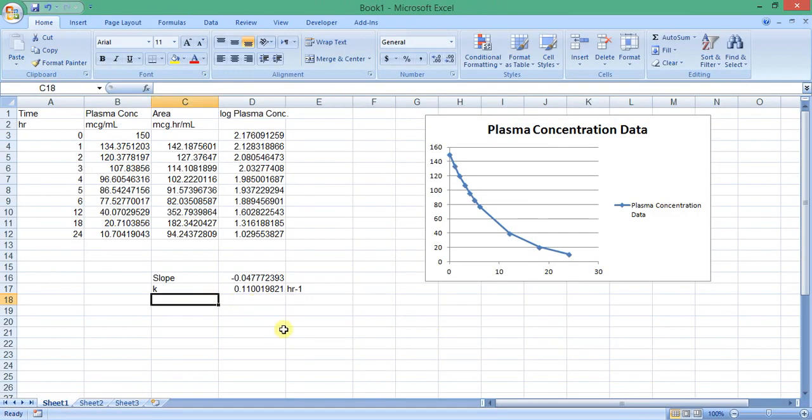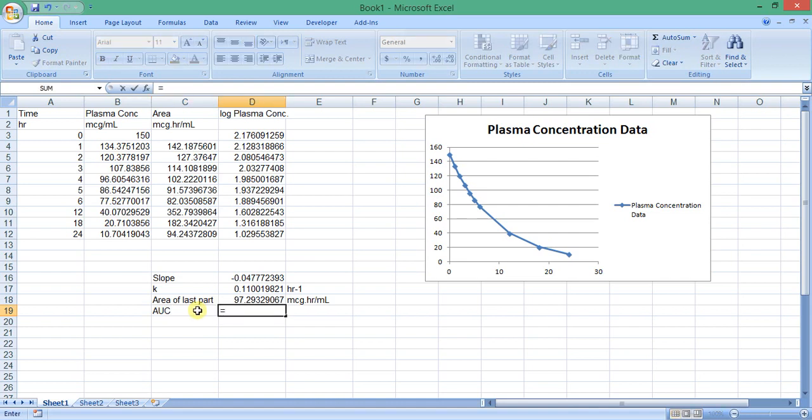So the area of the last part equals the last plasma concentration point divided by the elimination rate constant, and the unit is microgram hour per milliliter.